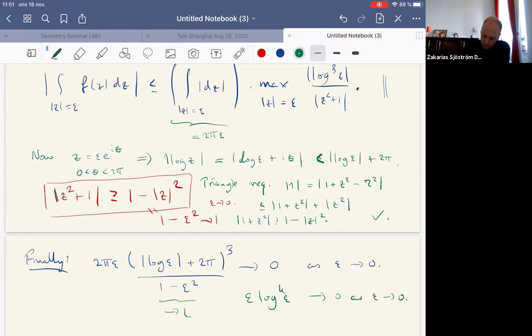So, okay, so along such lines, you try to show that this large and small circle goes to 0.